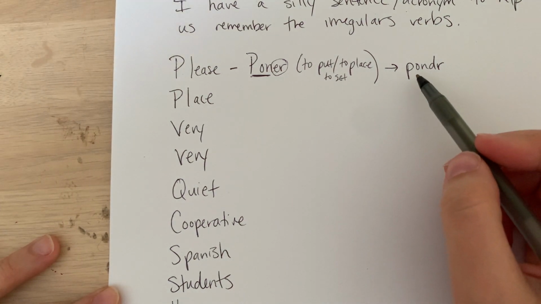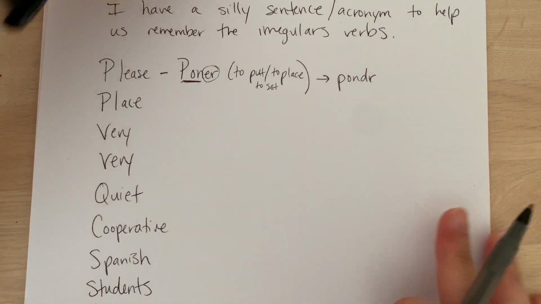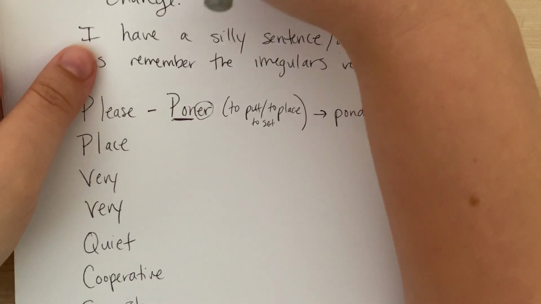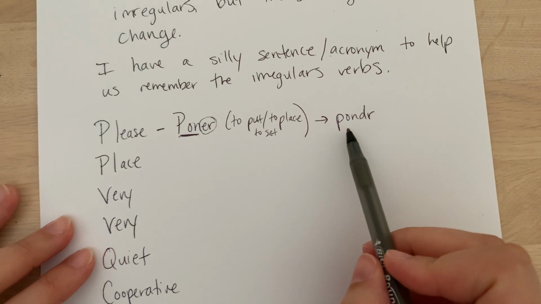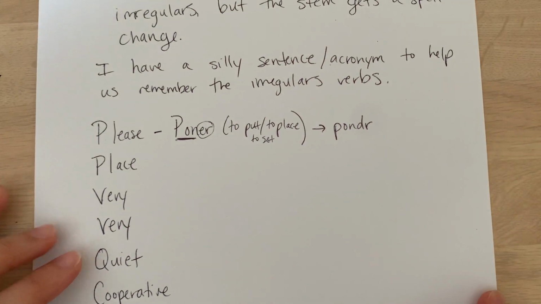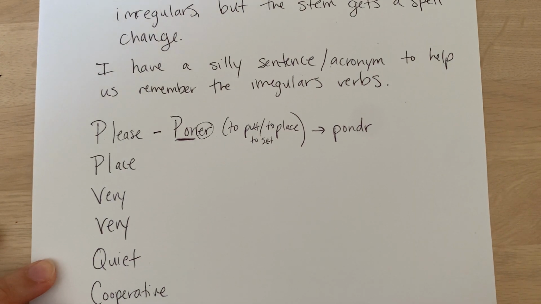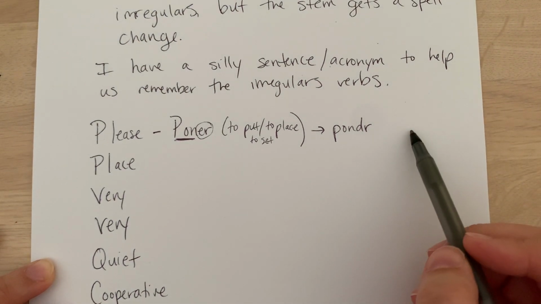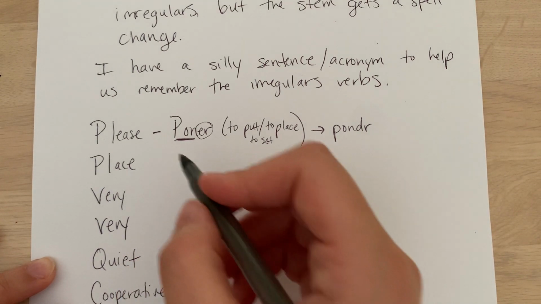Okay, so this is just the stem. Then you have to add the actual endings. So like I will set the table would be yo pondré la mesa. Okay. Let's see. You will set the table. Tú pondrás.